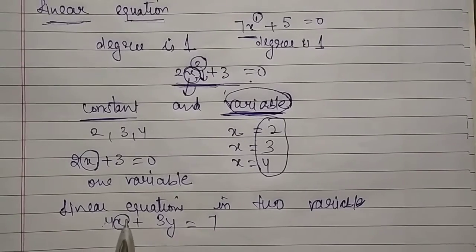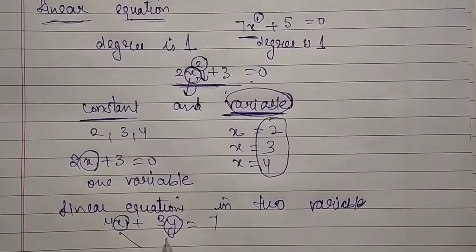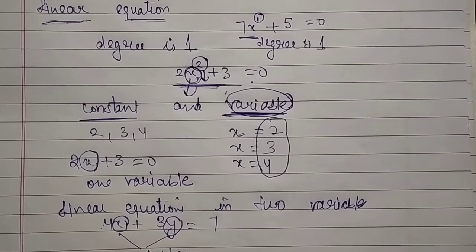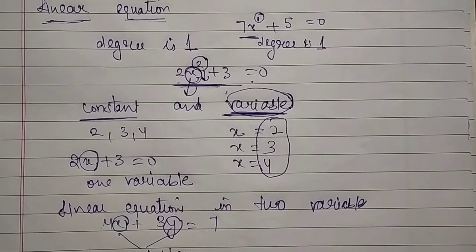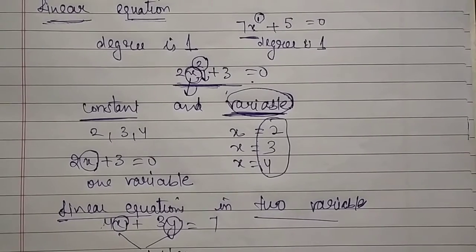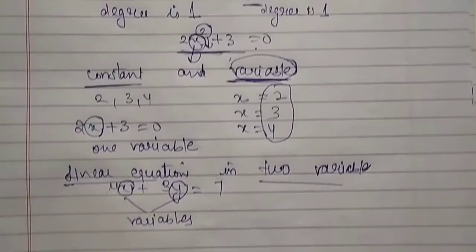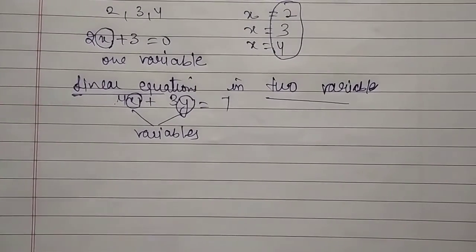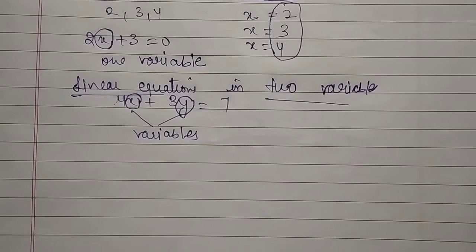Here the variables are 2. x and y are the variables in this equation. So any equation of this type having two variables, but the degree of the variables is 1, that is called a linear equation in two variables. So we will solve some questions based upon this, and the questions are from exercise 4.1.